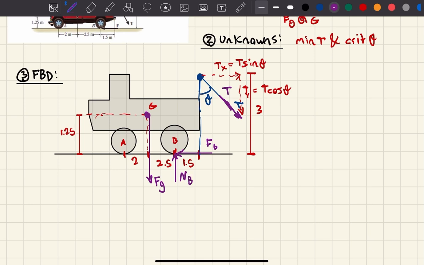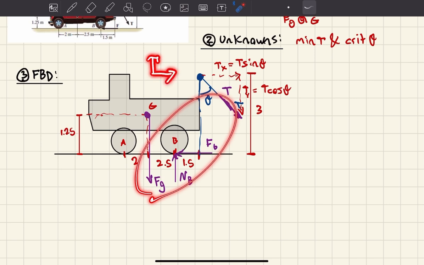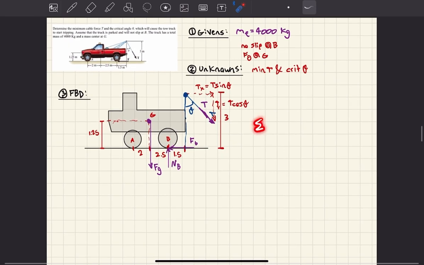Perfect. So you have your 4 forces, and if you have your coordinate system like this, please do not switch around your coordinate system. It's perfect. Now your first thought after a free body diagram is either sum of moments or sum of forces. Normally you would go through sum of forces, but you're not really going to get anything out of it.